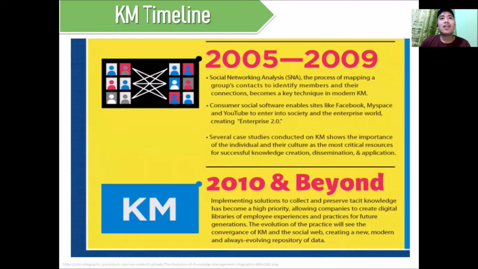Several case studies conducted on KM show the importance of individuals and their culture as the most critical resources for successful knowledge creation, dissemination, and application. In 2010 and beyond, implementing solutions to collect and preserve tacit knowledge has become a high priority.